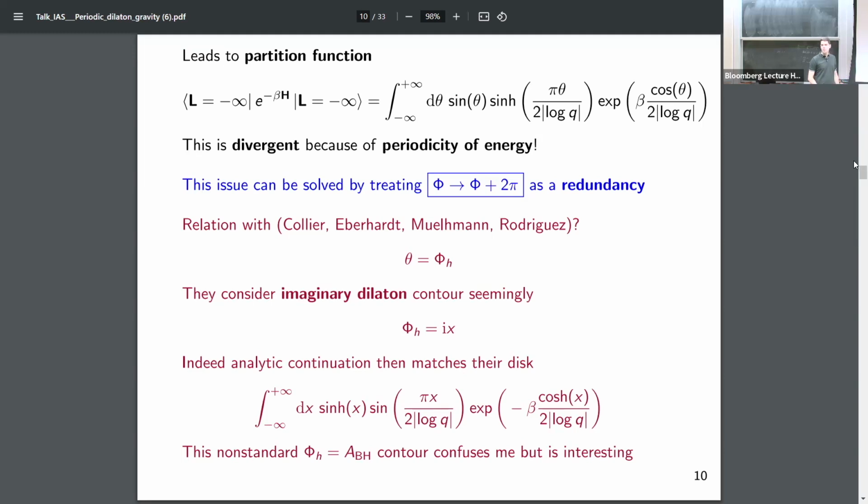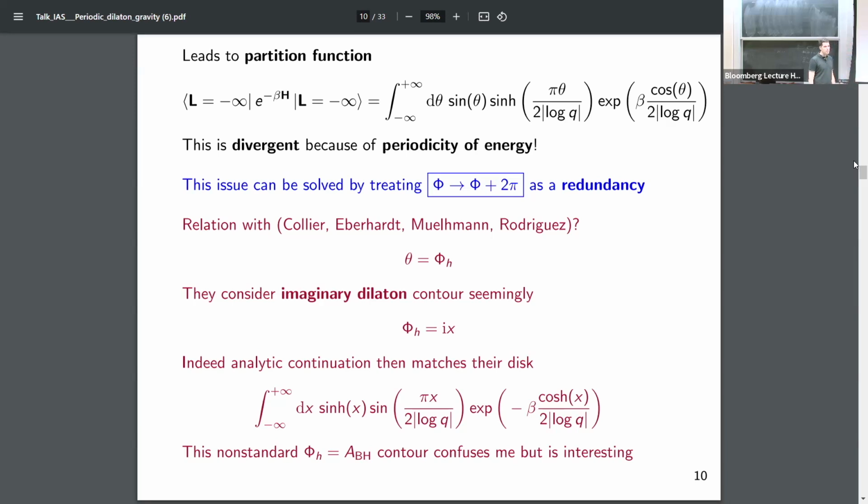Yeah, that's true, but nevertheless, if you give someone a partition function for sine dilaton gravity, you can deduce what they mean by the dilaton. But we don't write it down. This is not an equation that we wrote down, so I don't know.